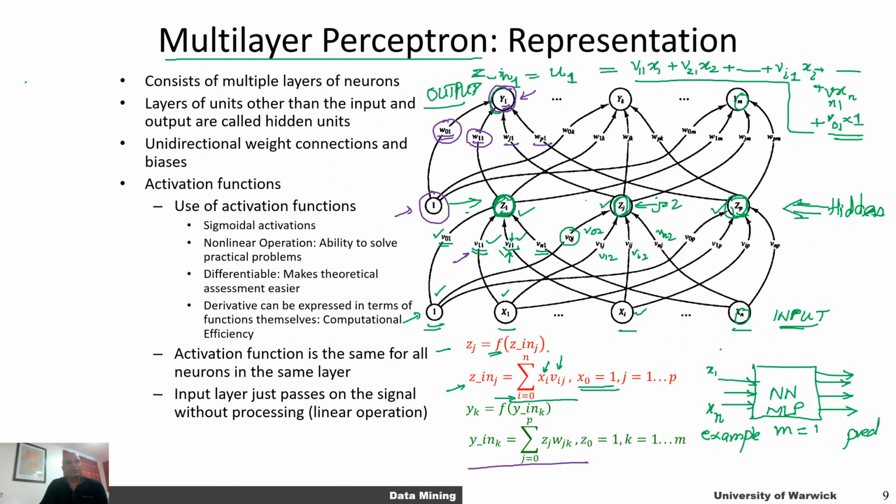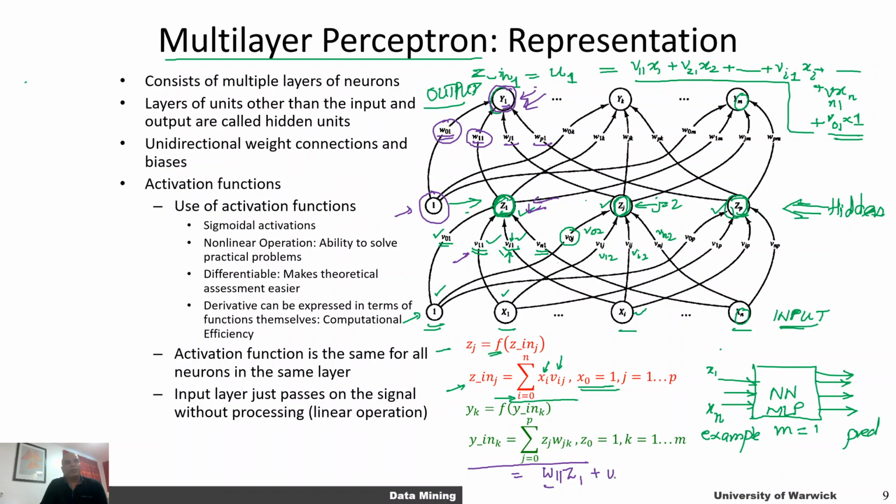So if you want to write it in an expanded form, then you have W11 connecting the output of this neuron over here to this neuron over here, and if we call the output of this particular neuron over here as Z1, then it gets multiplied with W11.